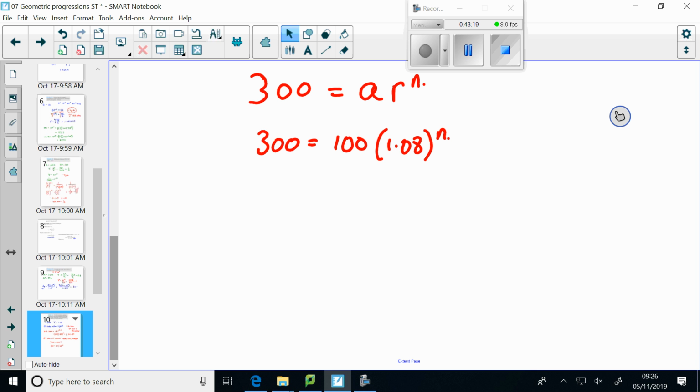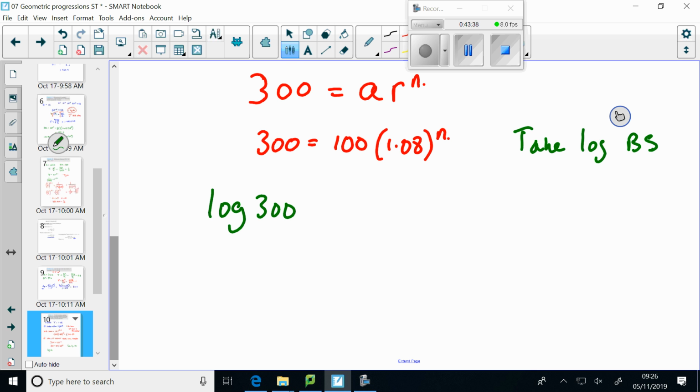So first thing you do is you take log of both sides. So we say log of 300. Hang on, can you see where we can simplify that a bit first?